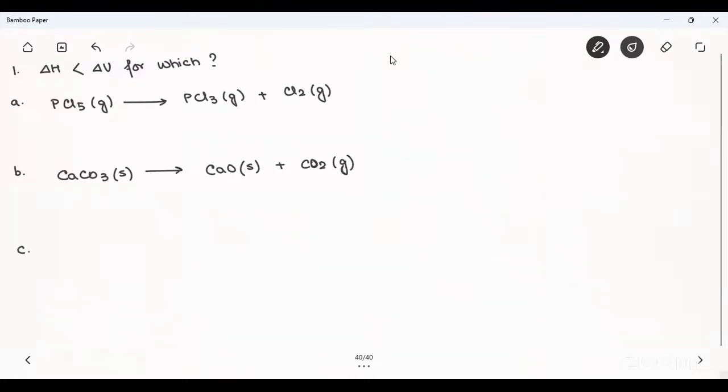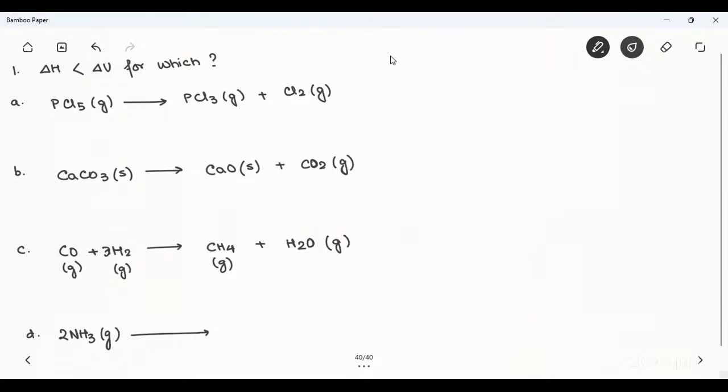Option C is CO plus 3 H2, gas, and here also gas, goes to CH4 plus H2O, H2O here will also be gas. Option D: 2 NH3 gas goes to N2 plus 3 H2. This is a neat question.